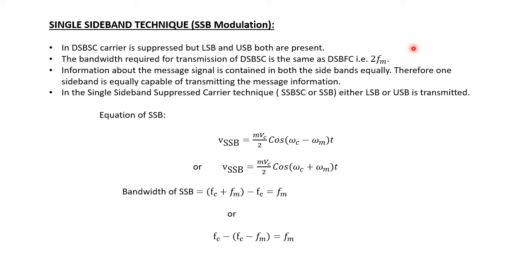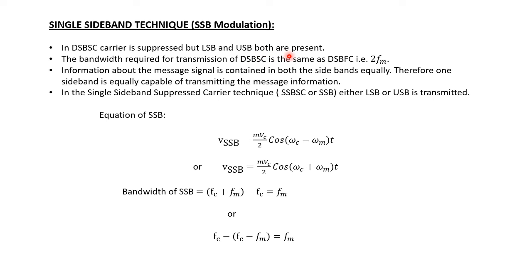Now we also know that the message signal frequency is contained in the lower sideband as well as in the upper sideband. The frequency of the lower sideband is FC minus FM, and the frequency of the upper sideband is FC plus FM.